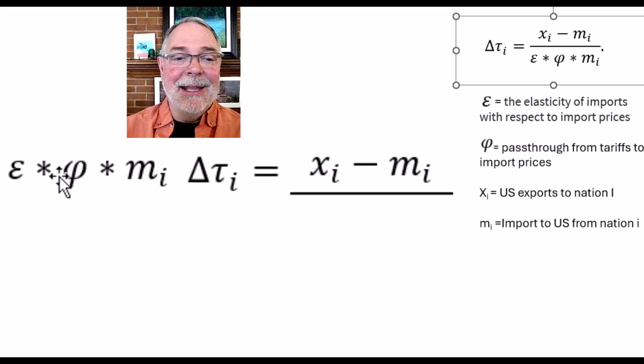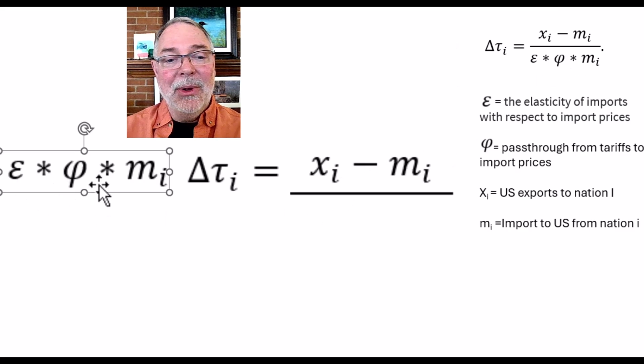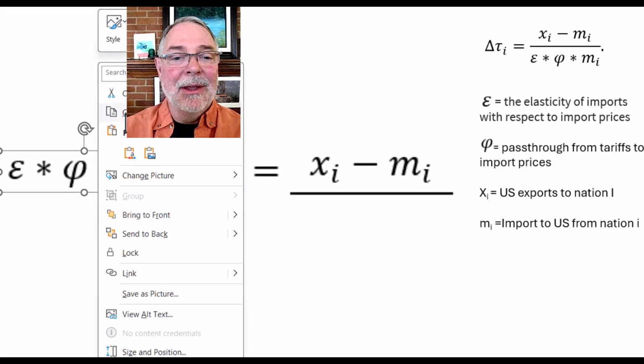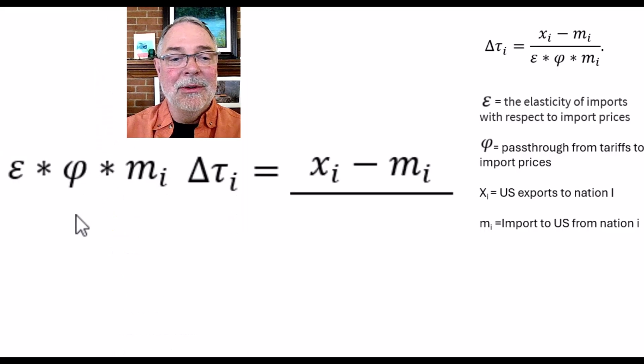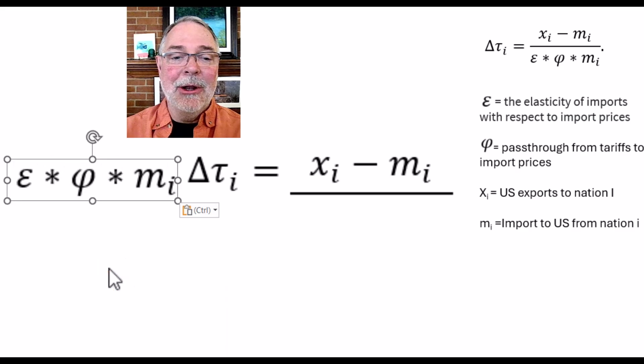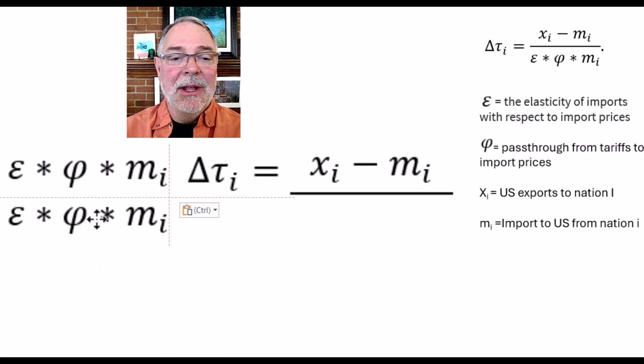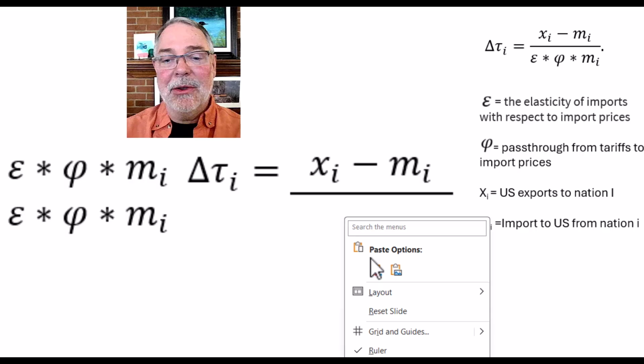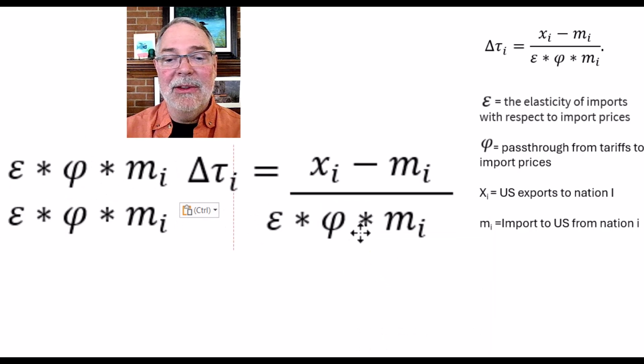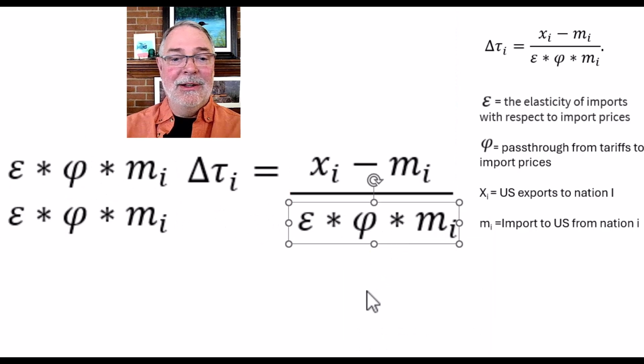But hey, what if we divide both sides? I know it's algebra, but if we divide both sides of an equation by the same thing, it's still an equation. And so we get this, and then, hey, look, we got something divided by itself.